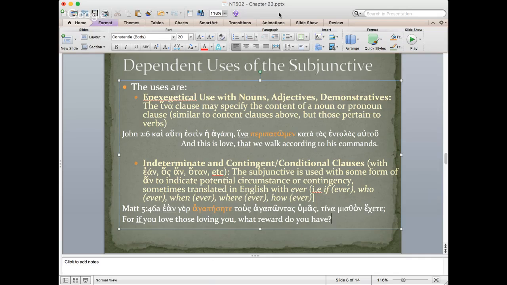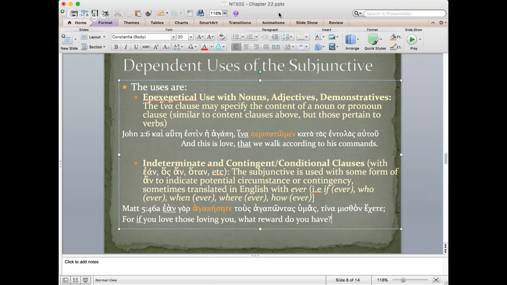You would translate it more concrete. The error you would make if you didn't recognize you're dealing with subjunctive is you would try to translate it more concrete than it actually is. Okay. So for example, in this Matthew 5:46 example, if you just did this literally, for if, because that ean is if, so you know that. Right. For if you love, that's that perfective aspect.